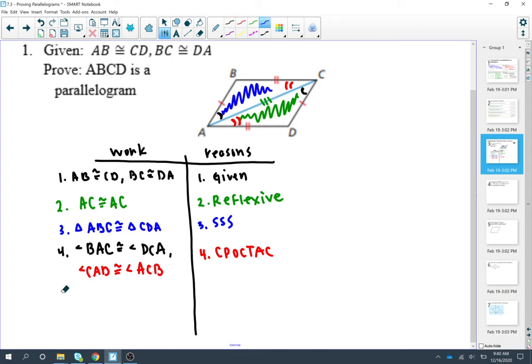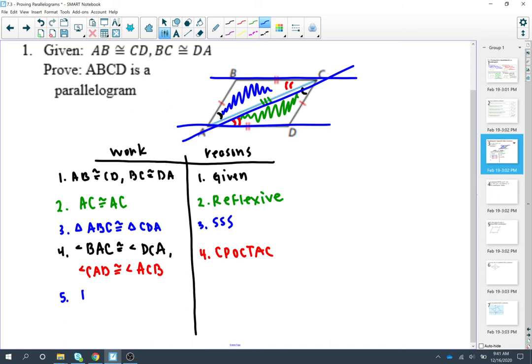Now from there, step 5, well, if these angles are congruent, those are alternate interior angles. Well, if alternate interior angles are congruent, cut by a transversal, then I know that the 2 lines that they're touching must be parallel.